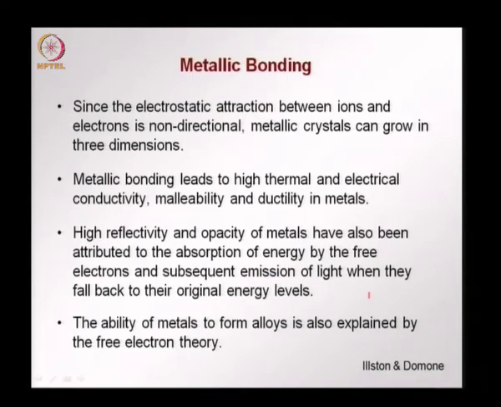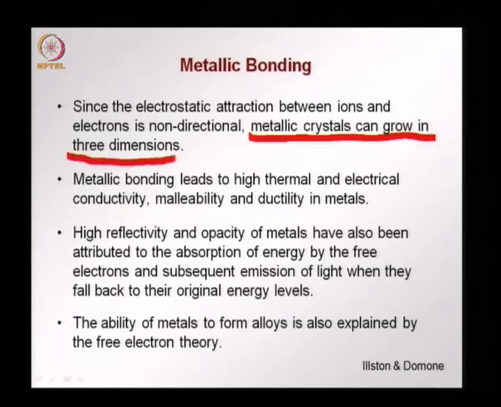Now, in terms of directionality, the metallic bond is non-directional. The electrostatic attraction between the ions and electrons gives rise to a non-directional bond, and therefore, metallic crystals can grow in 3 dimensions in all directions. This is very important, because this gives rise to isotropic properties within the metal.